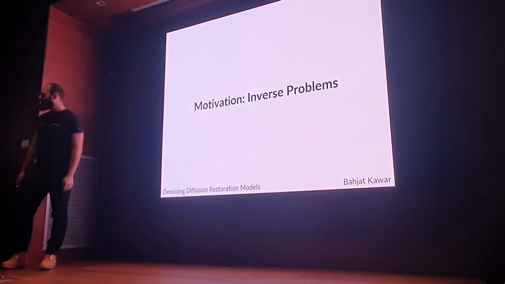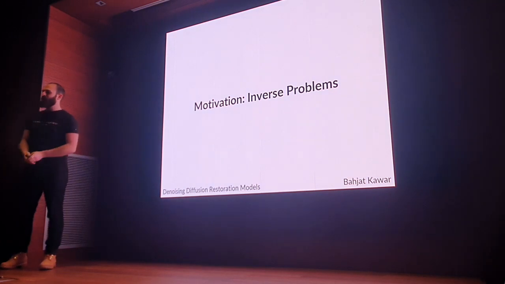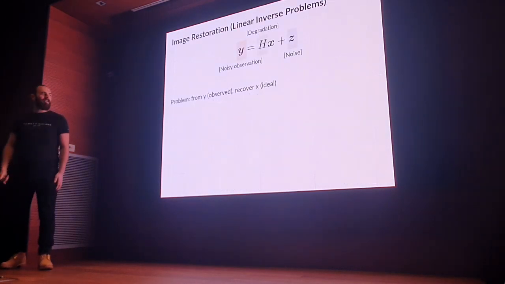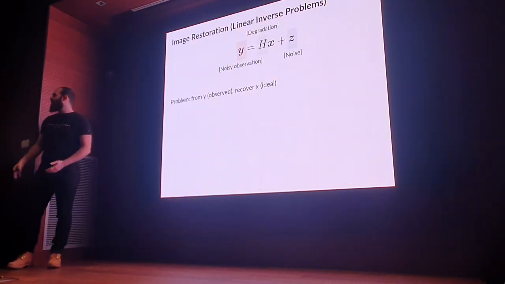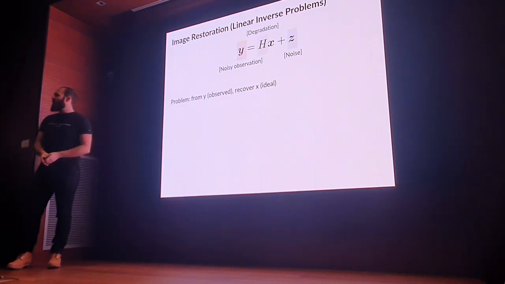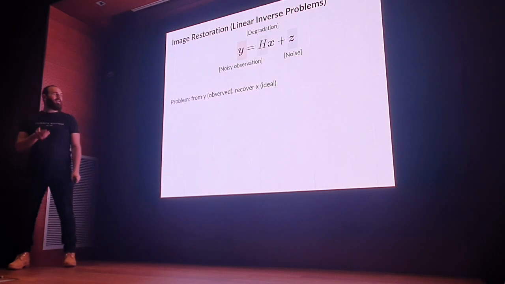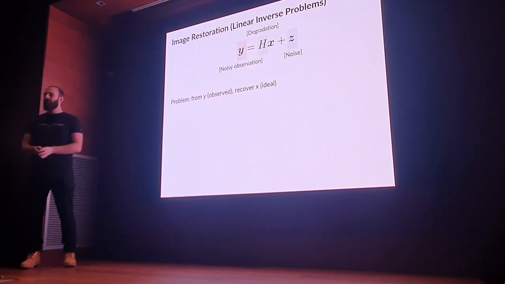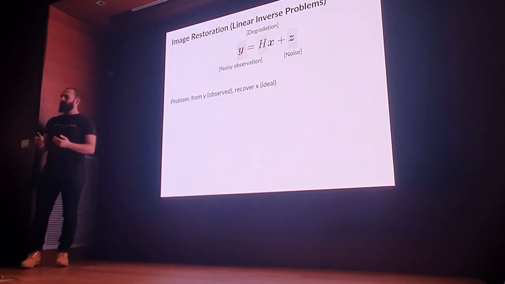All right. So, what is this task that we're interested in? We're interested in a task that has been studied for tens of years, for decades now. It's linear inverse problems, or image restoration, where we observe, in this case, a vector, but it's an image y, which is our observation. It's our observation of an ideal image.